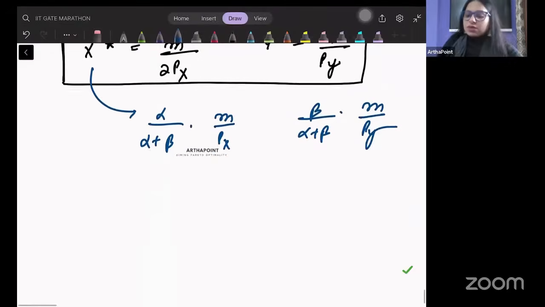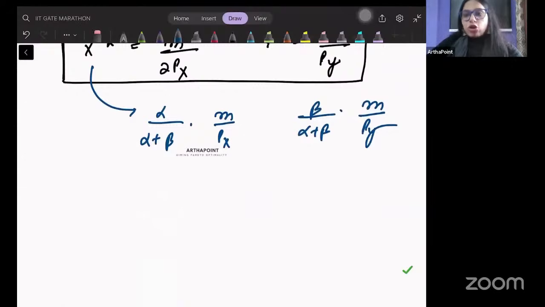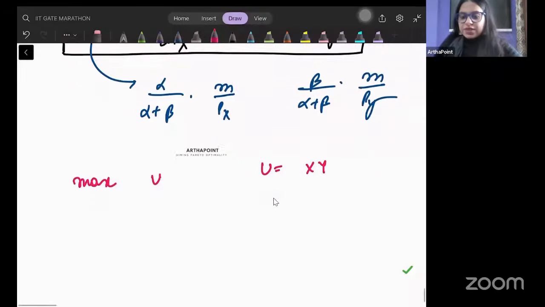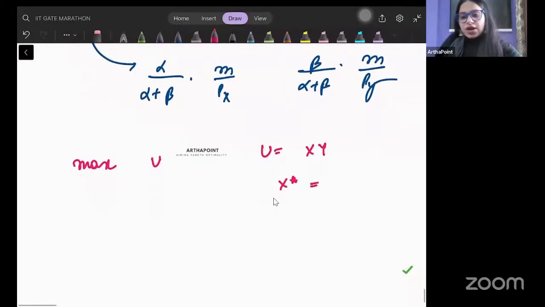Now, talking about Roy's identity. So Roy's identity basically says that suppose you have found out your maximum utility. अब मेरी utility तो ऐसे given थी xy के terms में, but फिर x की कोई value आ गई होगी in terms of income and prices, y की भी कोई value आ गई होगी in terms of income and prices.